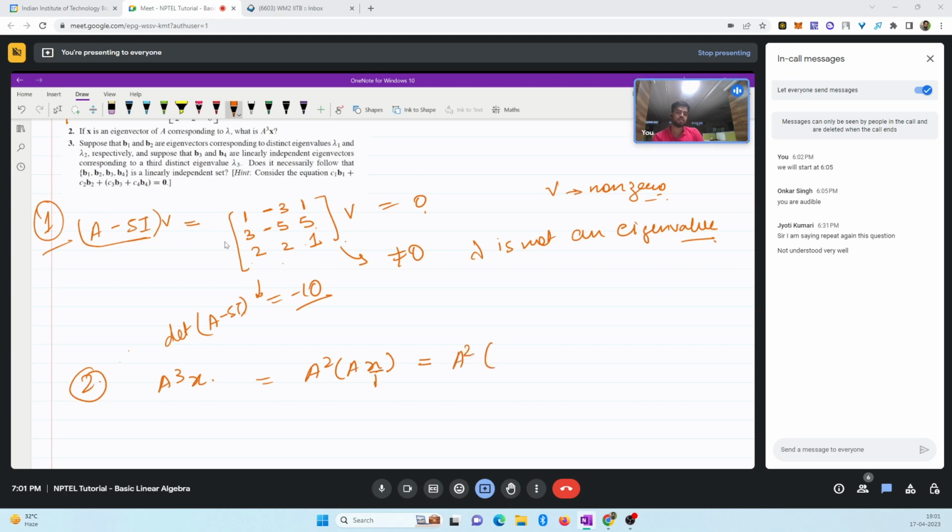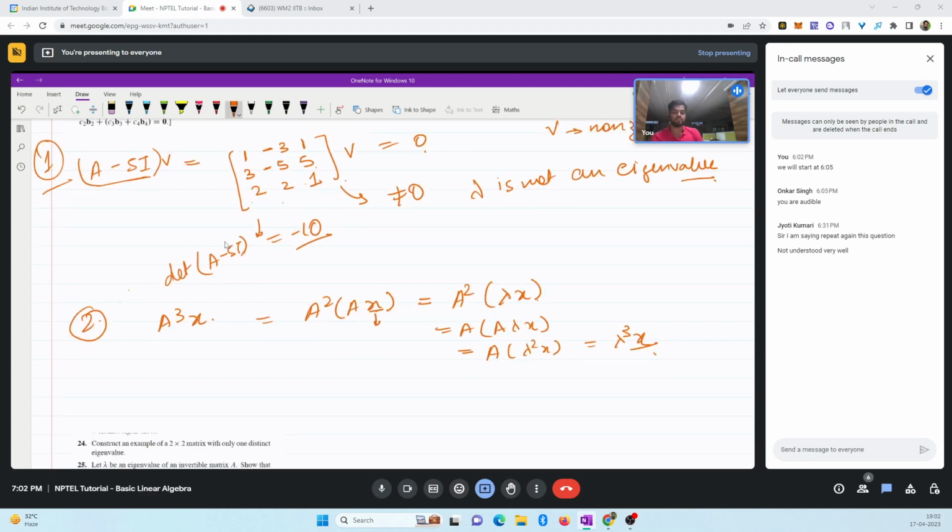If x is your eigenvector with corresponding eigenvalue lambda, then Ax is lambda x, right? Again, you can write it as A times lambda x. This is lambda squared x. This is lambda cubed x. So if you have x as an eigenvector, then A to the power n of x is nothing but lambda to the power n of x.